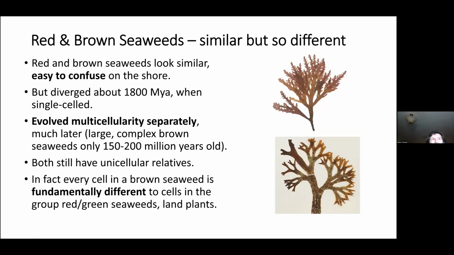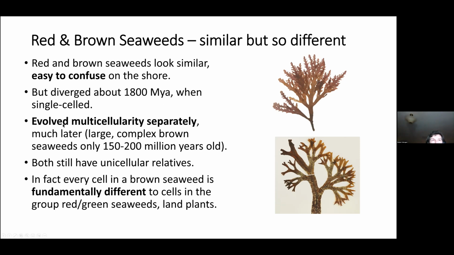And again, the red and brown seaweeds are very interesting because they look very similar on the shoreline. That's a red seaweed at the top, brown one at the bottom, but they diverged an awful long time ago, maybe about 1,800 million years.